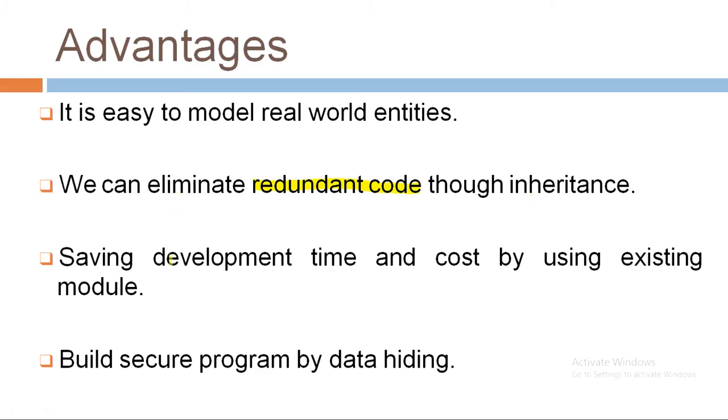In the same way, if we are not using the same code again and again, it saves our development time and cost. So we can say inheritance provides reusability and eliminates redundancy from programs. We can also build secure programs by using the data handling provided by data encapsulation and data abstraction concepts.